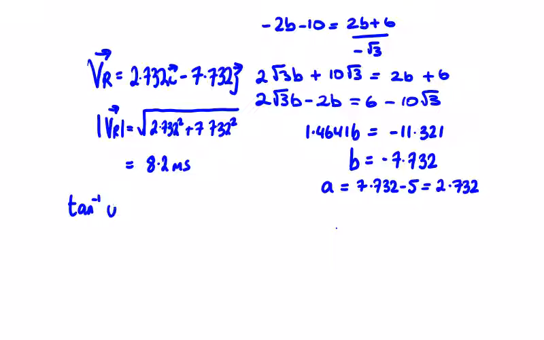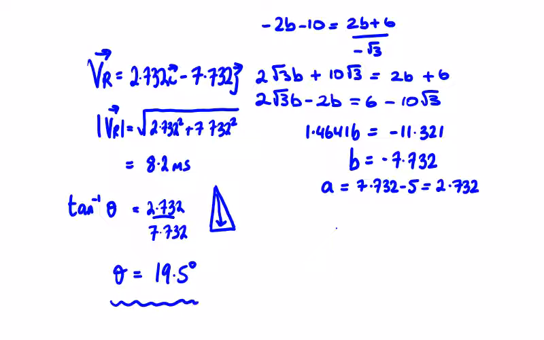Actually, it will be with the vertical, so it'll be like this. So the angle will have the i over the j, so it's going to be turned around. In this case, it's going to be 2.732 over 7.732 that will give me theta, and theta in this case is 19.5 degrees. Tricky enough question in 2015.